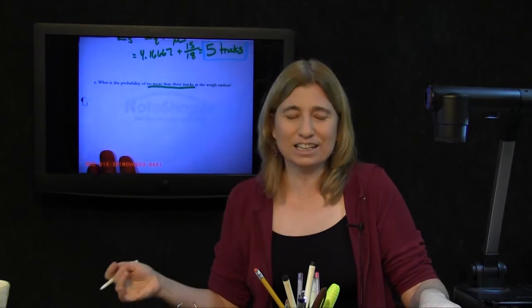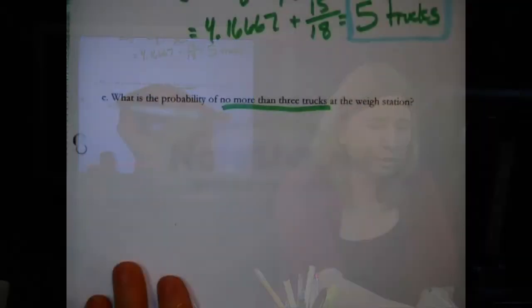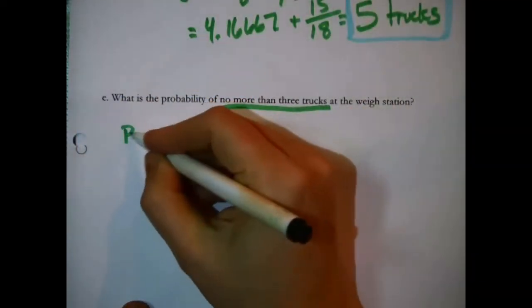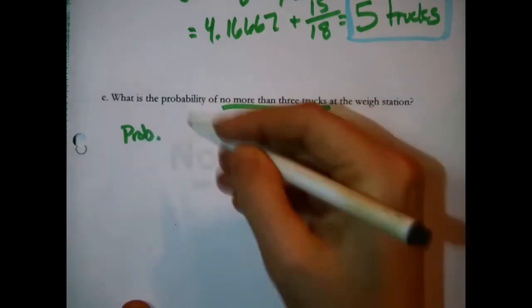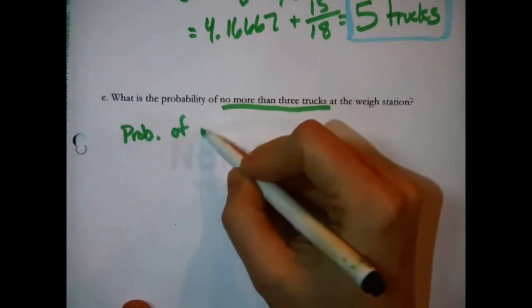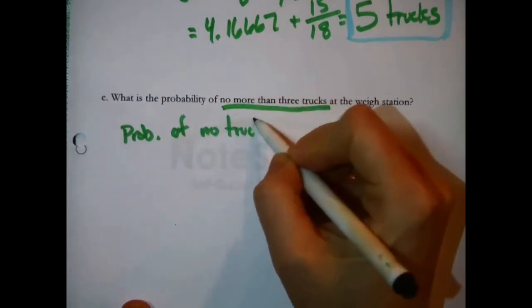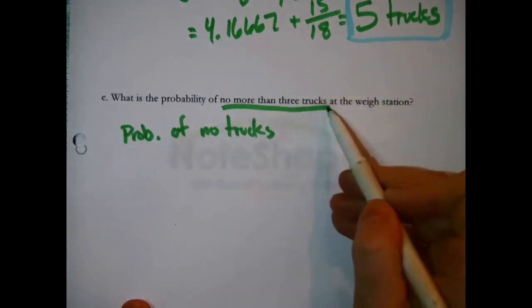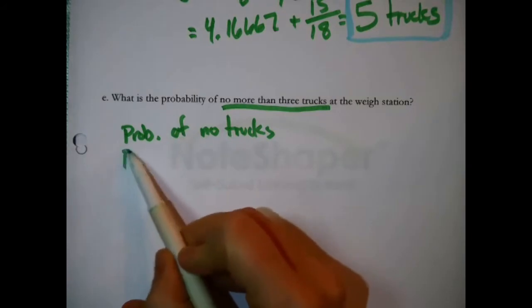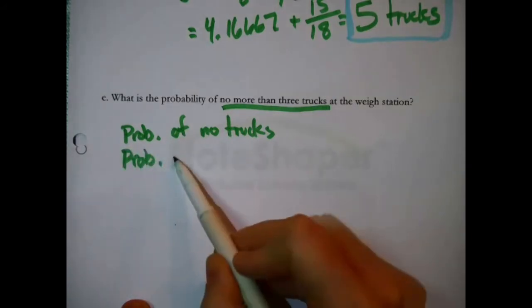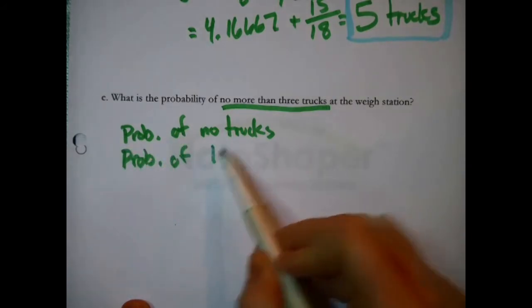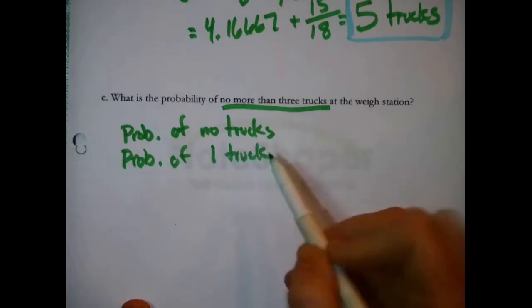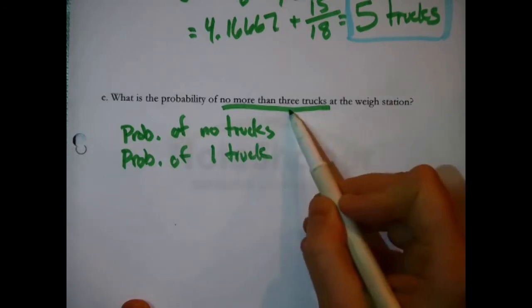A situation in which there is no more than 3 trucks. What does it include? Well, I would need the probability of no trucks, right? Because no trucks fits the description of no more than 3. I also need the probability of 1 truck, because if there was 1 truck over there, that fits the description.